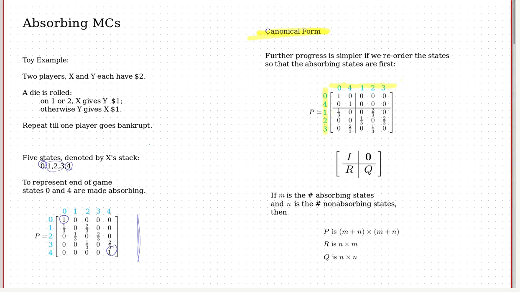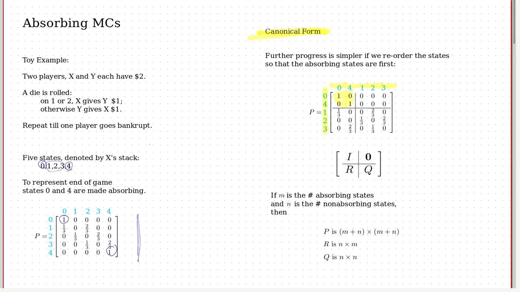So when you do that, you can see why this is helpful, because the transition matrix breaks up into a predictable form. The absorbing states, because they can only return to themselves, form a small identity matrix in the upper left-hand corner of the transition matrix.